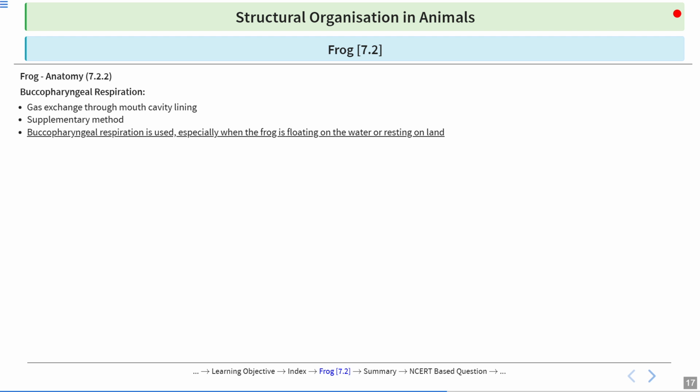When it is resting on the land, at that time it can open its mouth, and from the mouth's inner lining the oxygen can enter inside the body, right? The lining of this cavity is well suited for gas exchange, allowing the oxygen to be absorbed and carbon dioxide to be released. So this is very important. Buccopharyngeal respiration occurs when the frog is floating on the surface of the water, and when it is resting on the land, at that time also they follow this buccopharyngeal respiration.